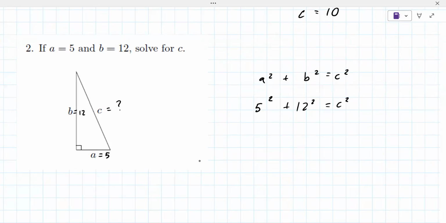Okay, so 5 times 5 equals 25 plus 12 squared is 144 equals 169 and square root of 169.